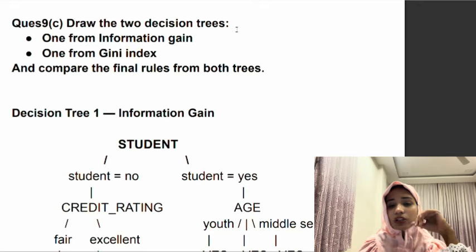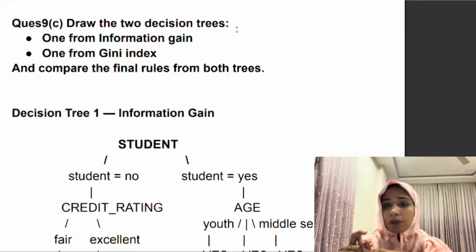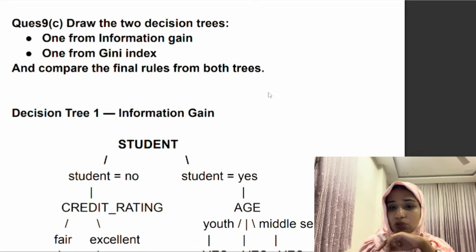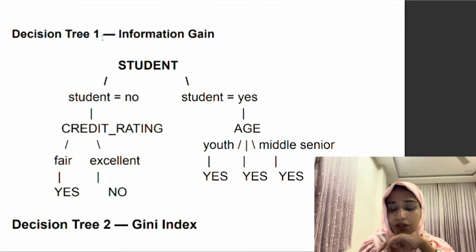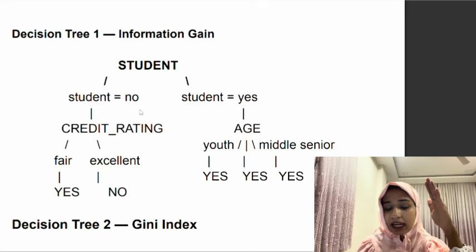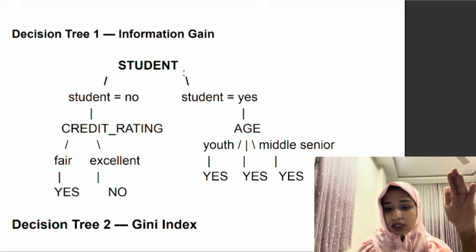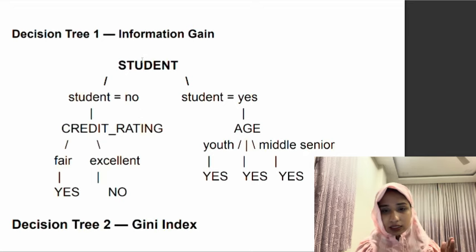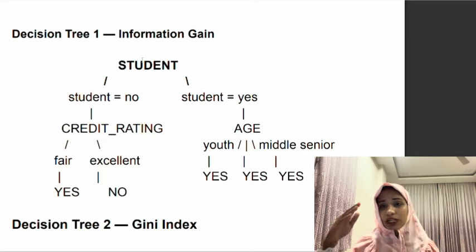Now we need to draw the two decision trees, one from information gain and one from Gini index, and compare the final rules from both the trees. So we have the information gain decision tree first. Student is divided into student equal to no and student equal to yes. We go to the left side if student equal to no, and to the right side if student equal to yes.